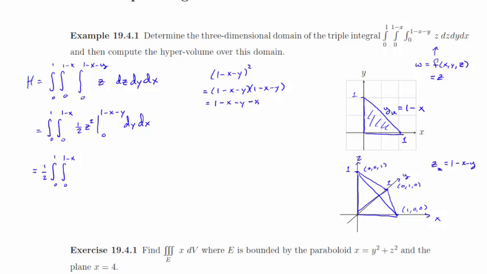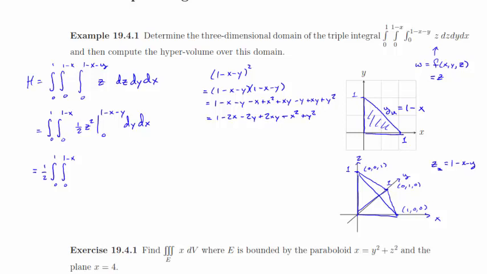We get a minus x and a plus x squared and a plus xy. And we'll take the negative y across everything to get a minus y plus xy plus y squared, and simplify this down to be 1 minus 2x minus 2y plus 2xy plus x squared plus y squared.